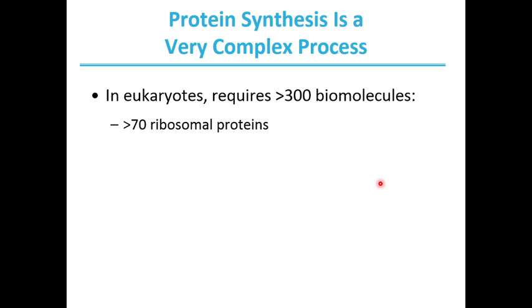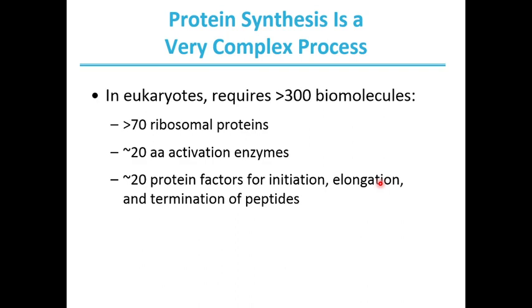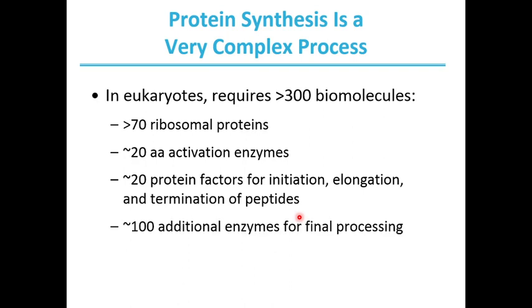In this case, greater than 70 ribosomal proteins are required, about 20 amino acid activation enzymes, about 20 protein factors for initiation, elongation, and termination of peptides, about 100 additional enzymes for final processing, and last but not least, 40 different kinds of transfer RNAs and ribosomal RNAs are required for this process. So protein synthesis is extremely complicated.